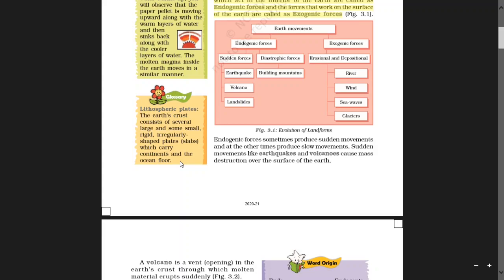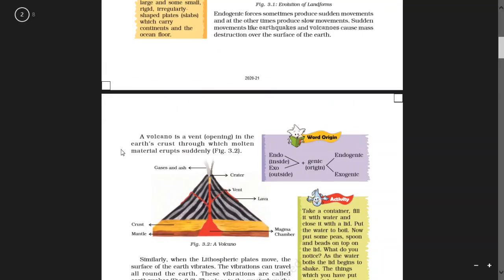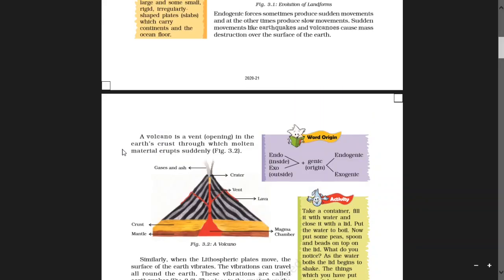Tick mark this one. Now let us see volcano. Here we find sudden movements. These are earthquakes and volcanoes. These are the sudden movements which cause mass destruction over the surface of the earth.